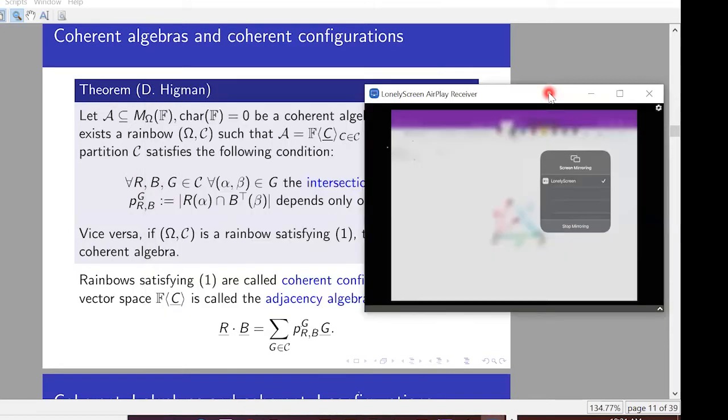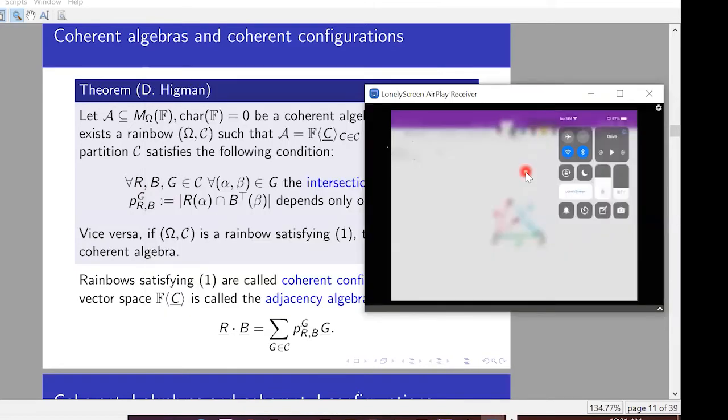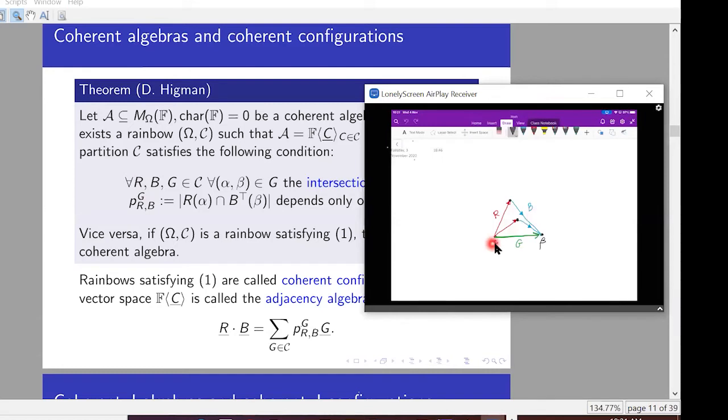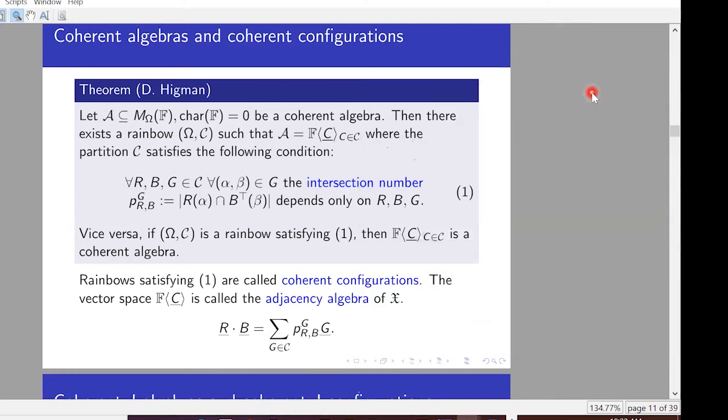Now you see it. Okay, so you take any arc of green color and you ask how many paths of length 2 you have from alpha to beta, such that the first step is red and the second is blue. This number does not depend on the choice of alpha, beta, it depends only on the colors.